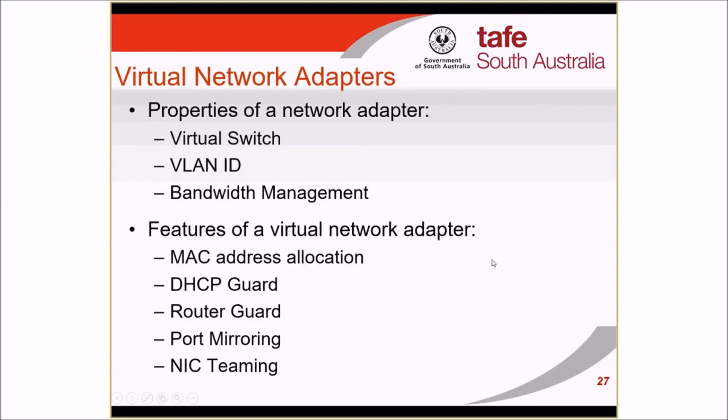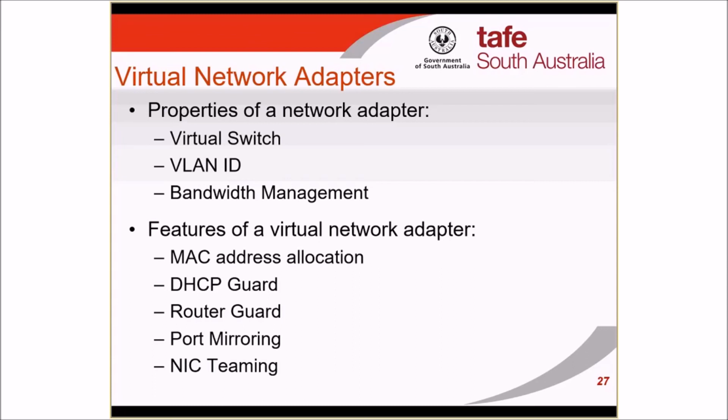Virtual network adapters. Properties of a network adapter include the switch, the VLAN ID, and the bandwidth management. Features of the network adapter include the MAC address allocation and DHCP guard. DHCP guard basically is a way of protecting yourself against rogue DHCP servers. Router guard protects you against a router that's pretending to be a router, or an alternative router.